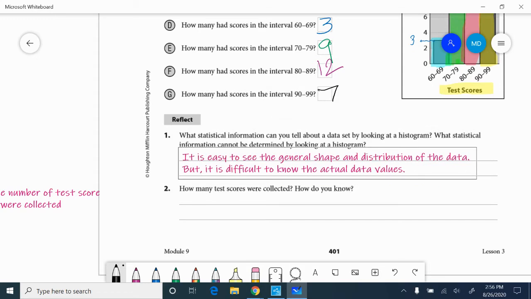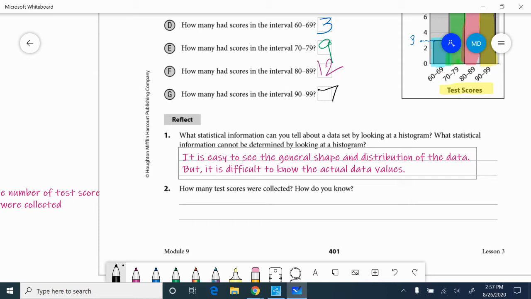Well, it is easy to see the general shape and distribution of the data. We can tell that statistical information by looking at a histogram. But it is difficult to know the actual data values. So even though we have a range represented in each bar, we're not quite sure what those exact values are.